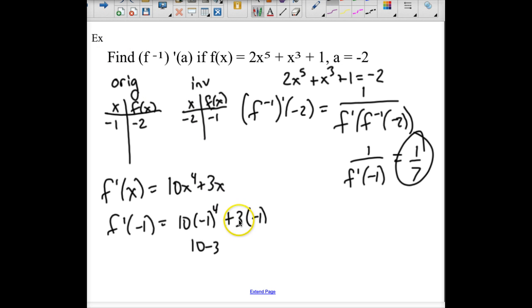Make sure I did all the math correctly here. Oh, that should be 3x squared. Sorry about that. So 3x squared, so that's going to be 10 plus 3, that's 13. I hope you caught that before I did. So I checked my derivative, and that was what was wrong with that.